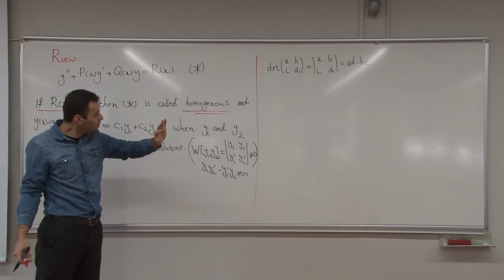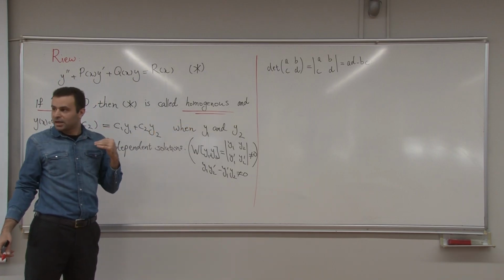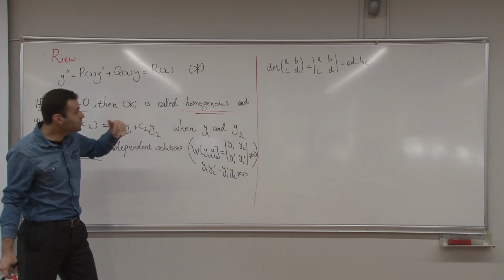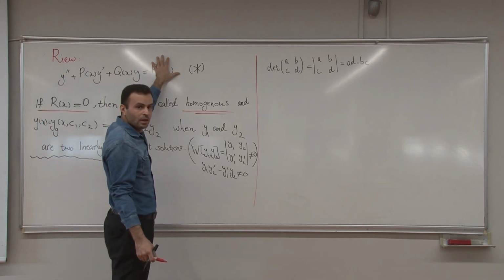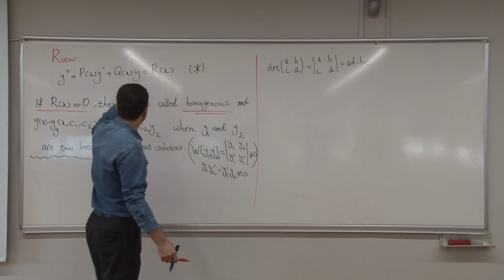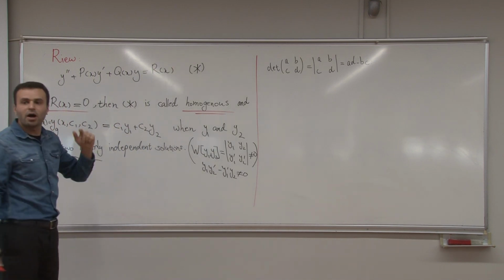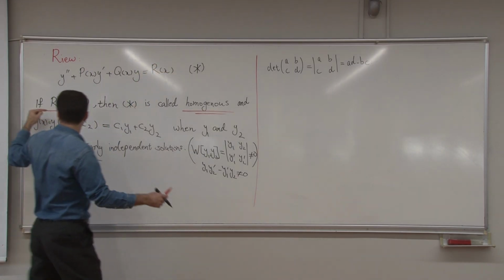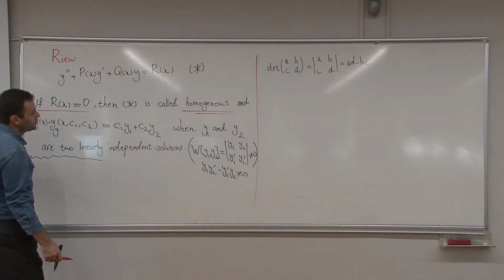That is a different concept. When we call a linear equation homogeneous, it means that the right hand side, the thing which is not coming with any one of the y prime or y double prime or higher order derivatives, is equal to 0. Okay? Like what we have here.